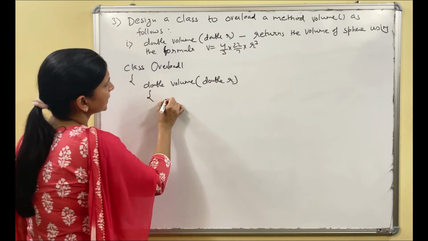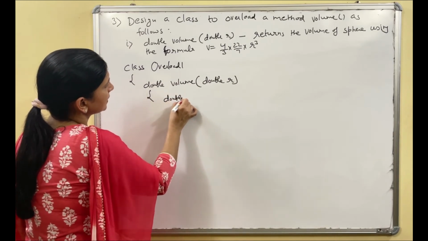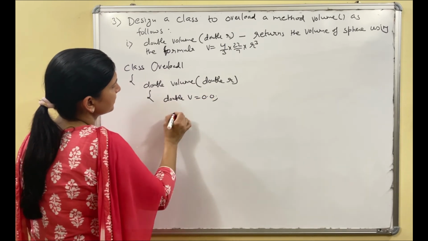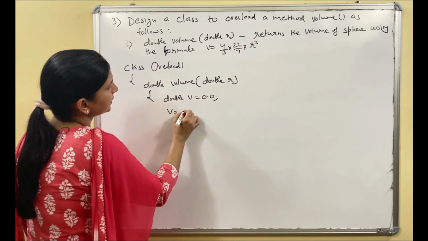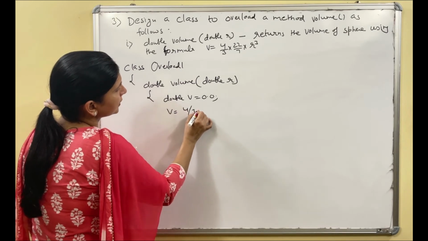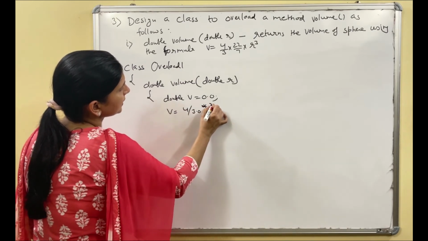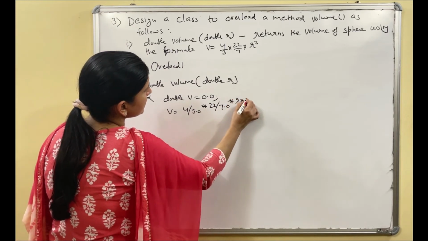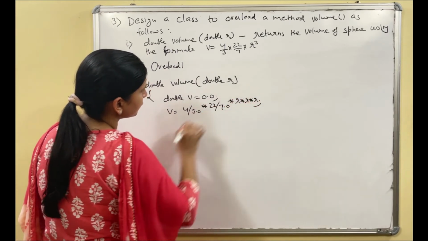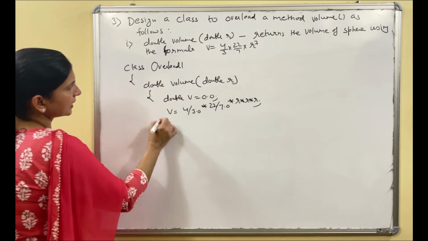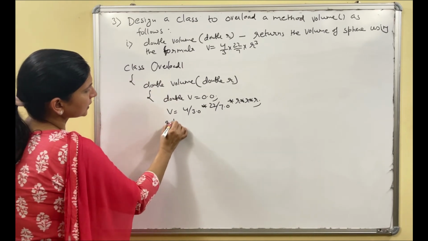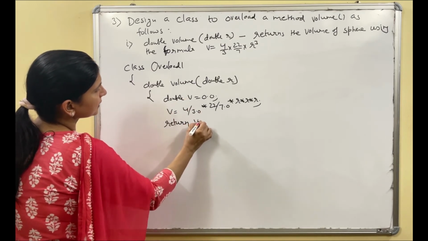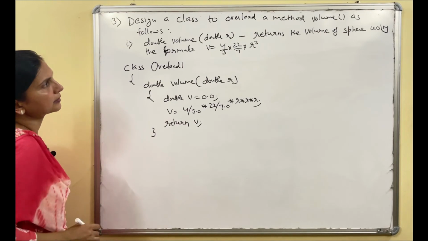You can take any variable, double, let it be v only. We will initialize it with 0.0 and then we will calculate v equals 4 by 3.0 asterisk 22 by 7.0 asterisk r asterisk r asterisk r for r cube, right? And then we have to return, what do we have to return? The volume, and the volume is assigned in v, so return v, right?